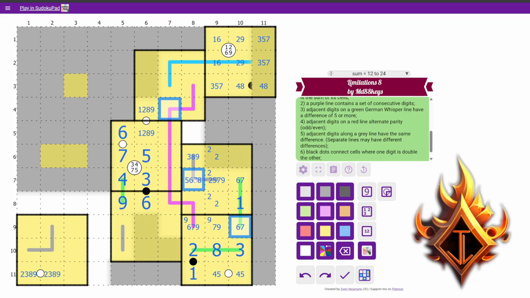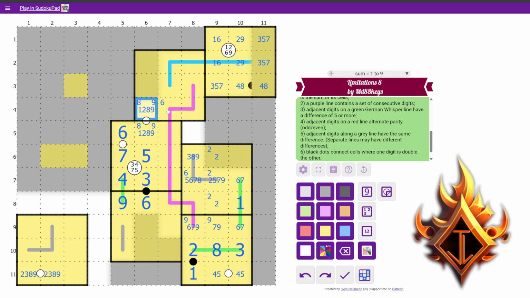If this number right here is 6, then 6 will have to go there so it can be on the pink. Let me just start jotting. This puzzle has a lot of long thunkers in it, so that would be 8 and 9.